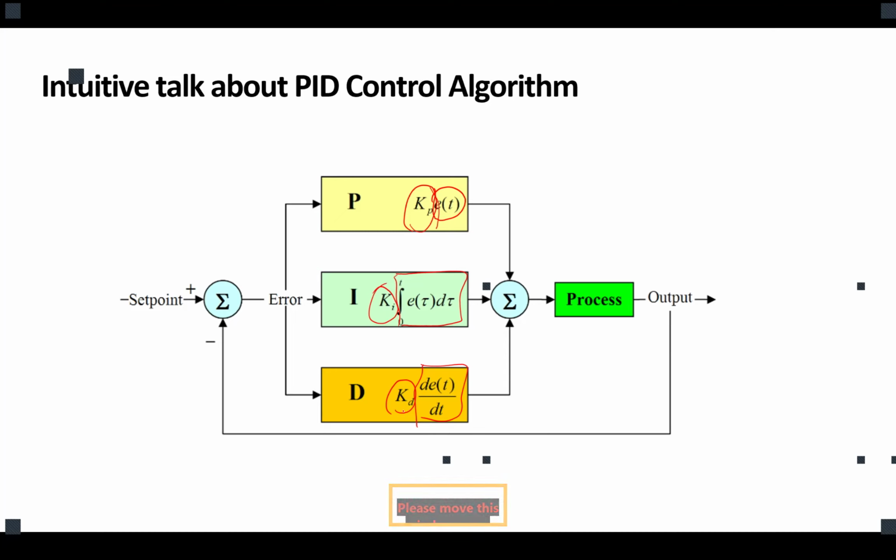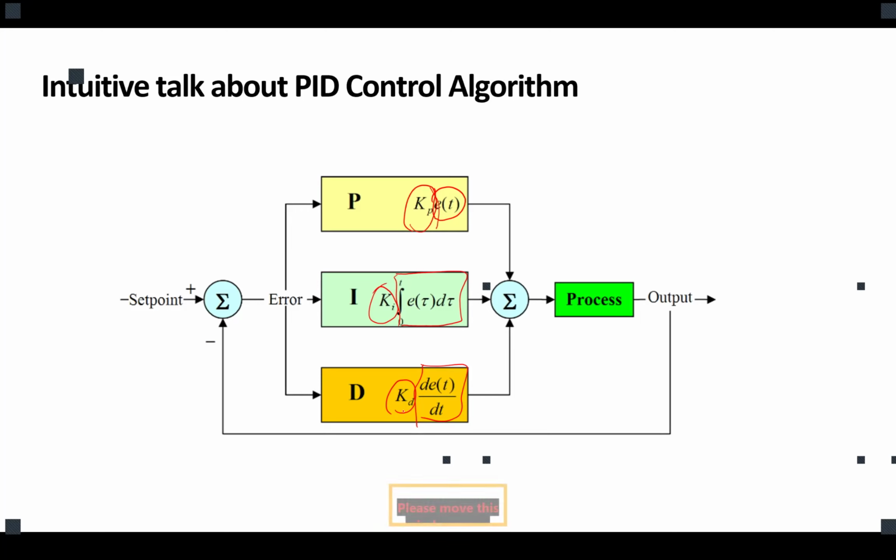For example, if we have a high error, a very large value of the error, it would create a larger control action to change the values, so we would get closer to our situation. Now, what is your guess about the problem of that proportional value? If we only use the P control, we know that it directly acts on the error signal.